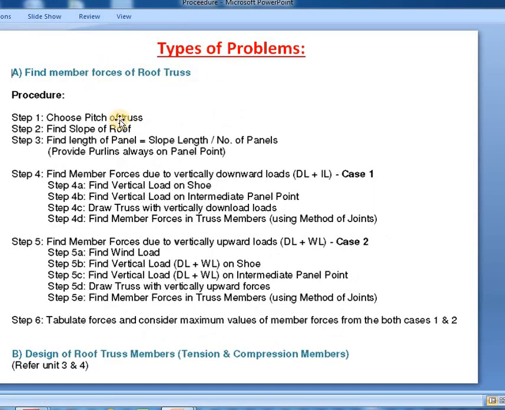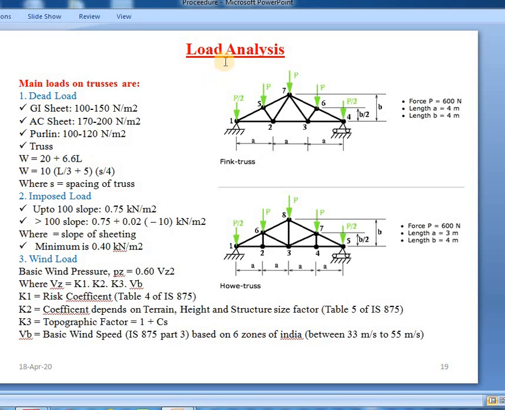Now before discussing the problem, just see here, load analysis. Just see how loads will be there. The main loads on trusses are: one is dead load, second is imposed load, third is wind load. Most probably they expect determine dead load, or determine imposed load, or determine wind load, like that different problems we are getting.